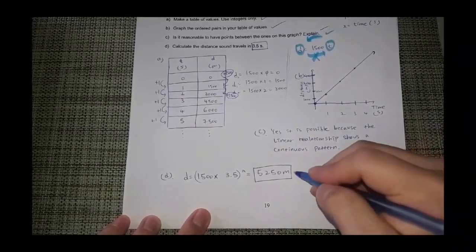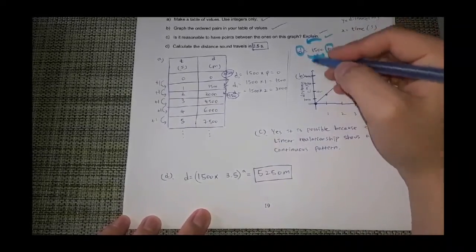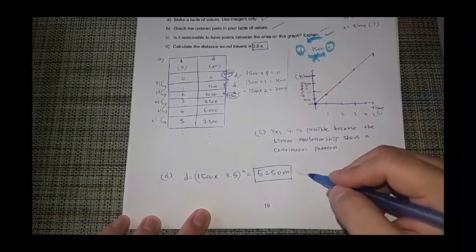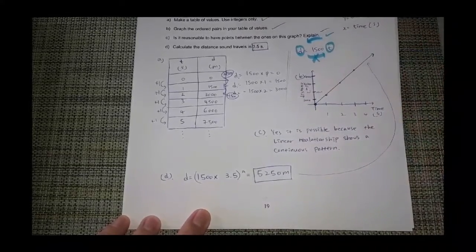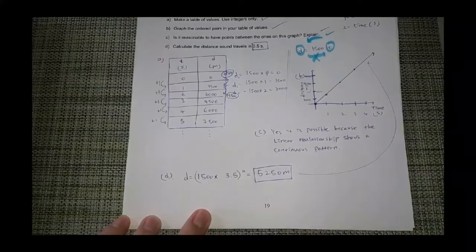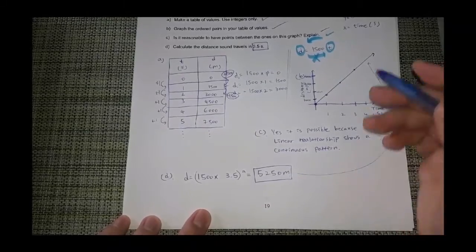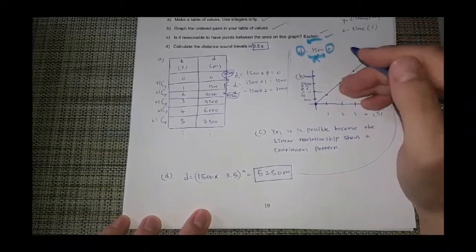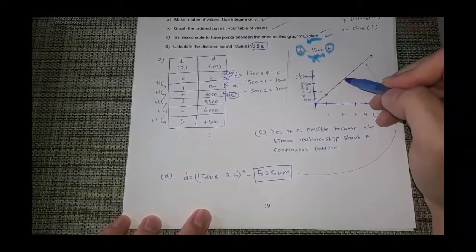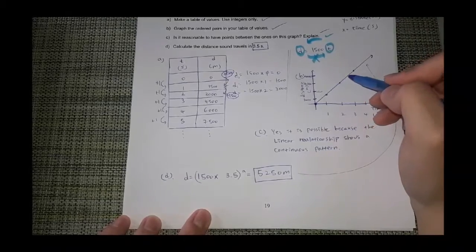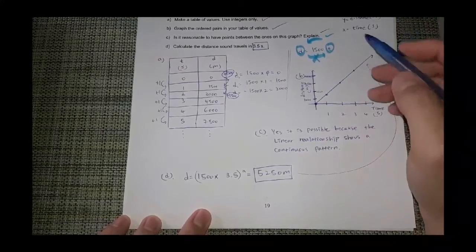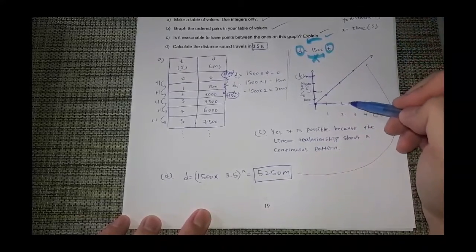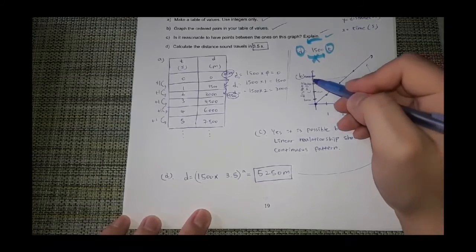And that is possible if we have a continuous graph going on. It will be located somewhere around here. So I like to say, locating this distance, it is reasonable to have points between one and another, because that's just saying that any random points that you can have from, like, 2.5 seconds, something like that, you can locate over here and predict that.